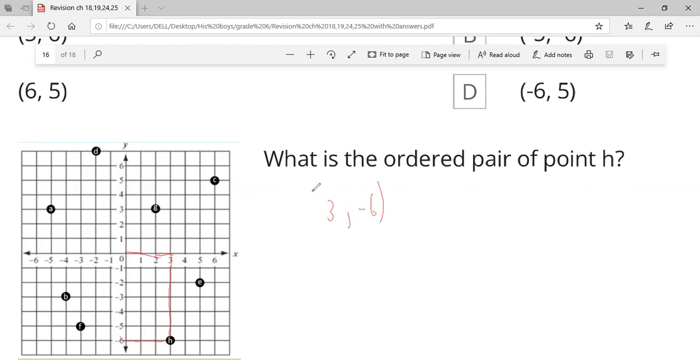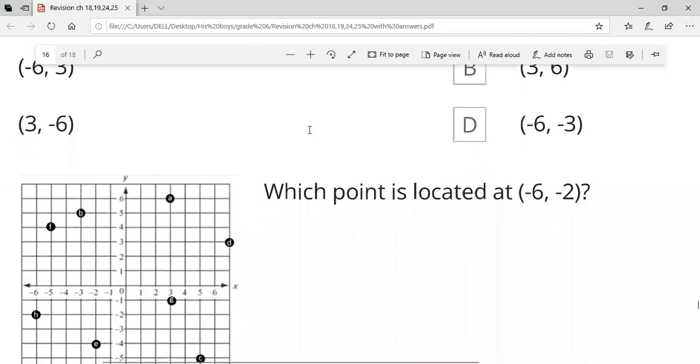Again, we start from X, and after that Y. We can't do the opposite because they say ordered pair, like your name: first your name, second your father's name. (-6, -2). Negative 6, I start from X, as we said, until I reach negative 6, and down negative 2. Yes, the point H. Okay.